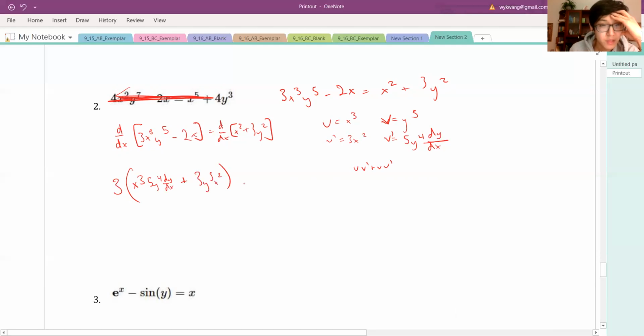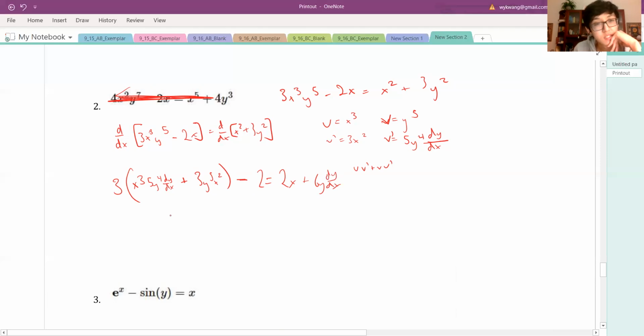Cool. Now minus d dx of 2x is equal to d dx of 2x plus d dx of 3y squared. So let's just do the power rule, 6y. And then remember again, we are differentiating y with respect to x, so we have to include a dy over dx. Now let's simplify everything.